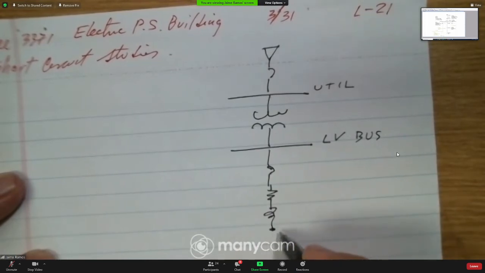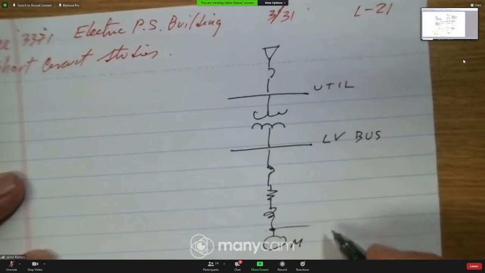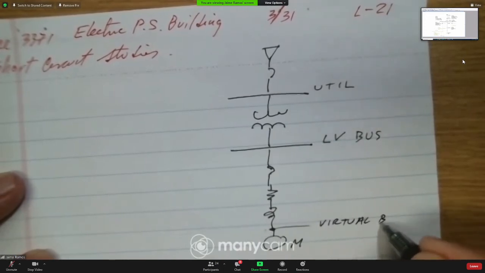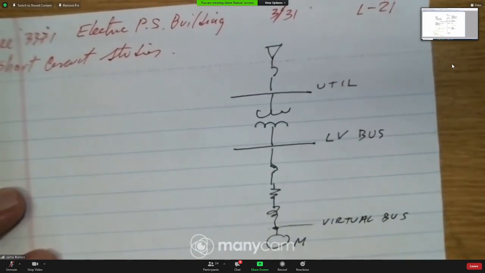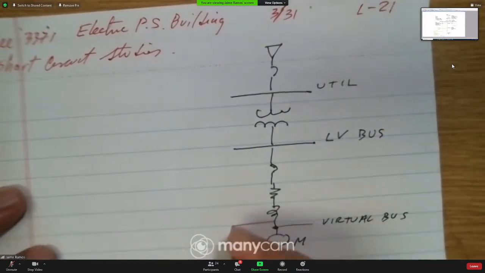Then there's this virtual bus, and then the motor. Okay. So imagine we have a short circuit right here. I'm going to represent a fault like this to ground.